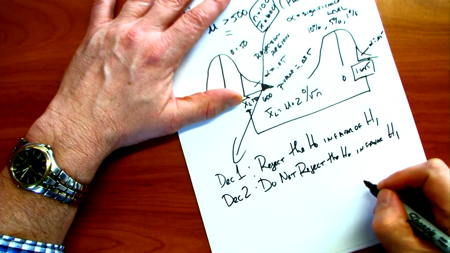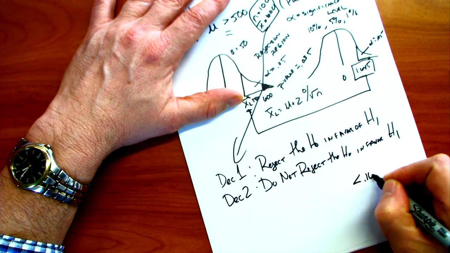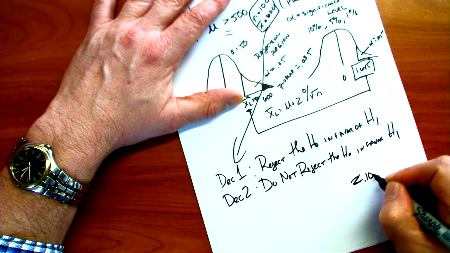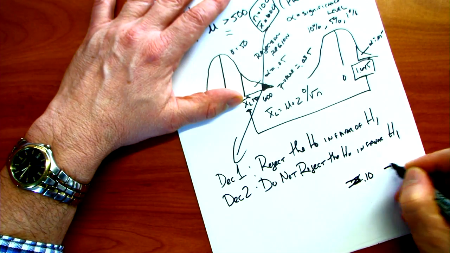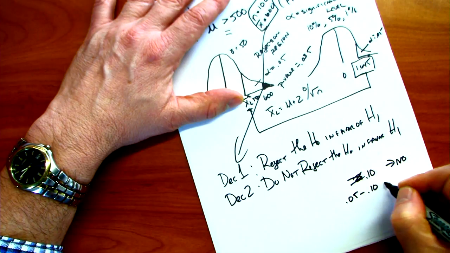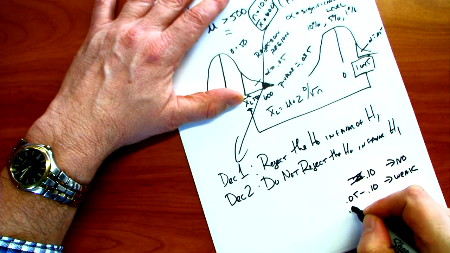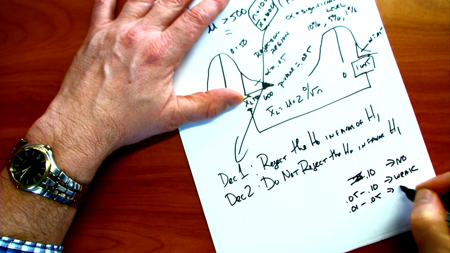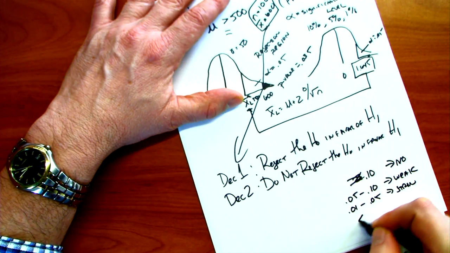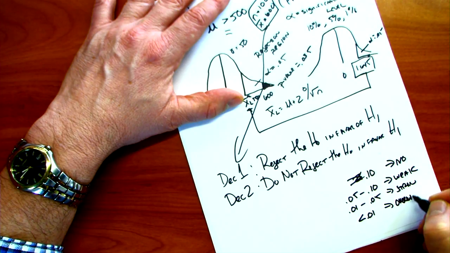Very good. If the p-value is greater than 10%, we say we have no evidence. If it's between 5% and 10%, we say we have weak evidence. If it's between 1% and 5%, we have strong. And if it's less than 1%, we have overwhelming.